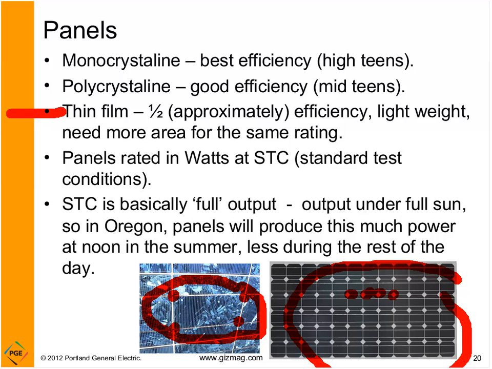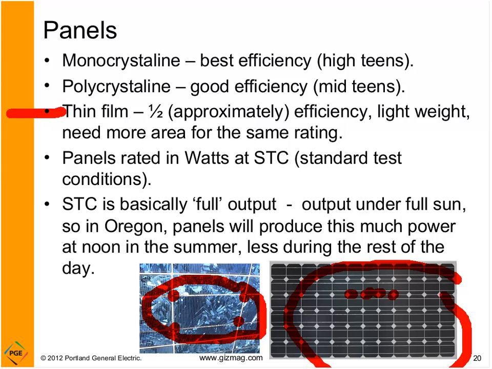So you can say that the efficiency of this product is about half of what polycrystalline or monocrystalline would be. That should tell you that you might need twice as much of it to get the same output as the polycrystalline or the monocrystalline.